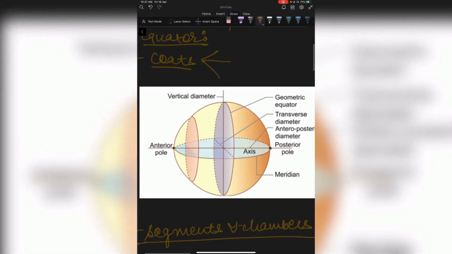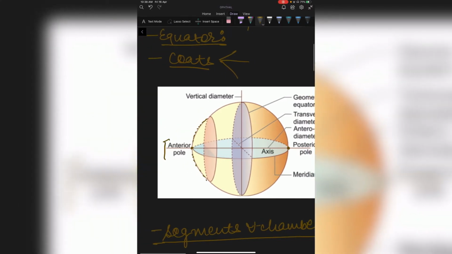This part anteriorly is your cornea. So the anterior pole is the central point of the anterior convexity. Anterior convexity is your cornea.